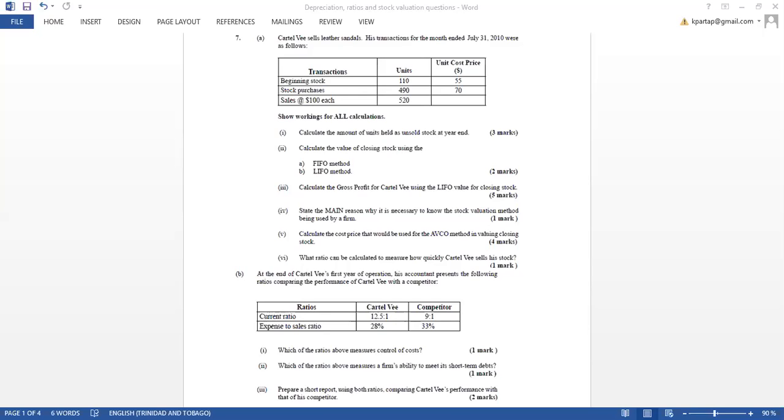So anybody who wants to give me the closing stock using the FIFO method, first of all? You can message or you can unmute your mic and let us know.